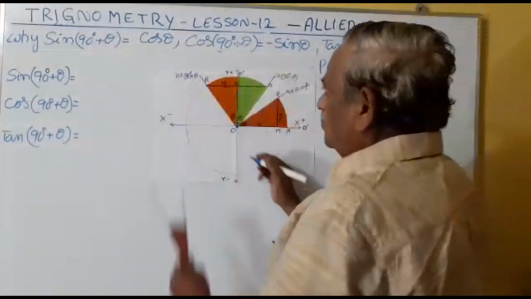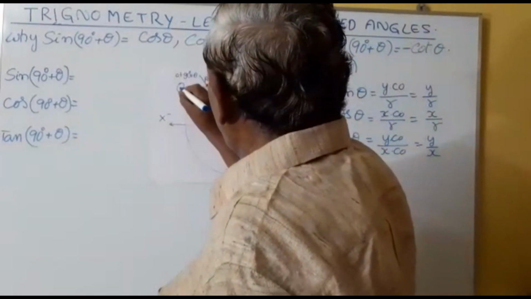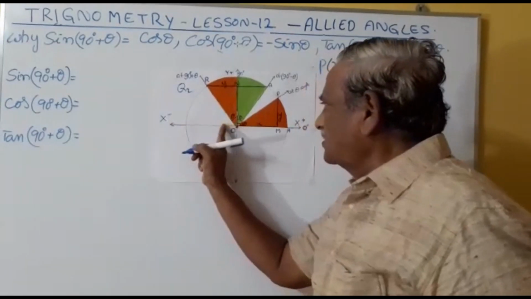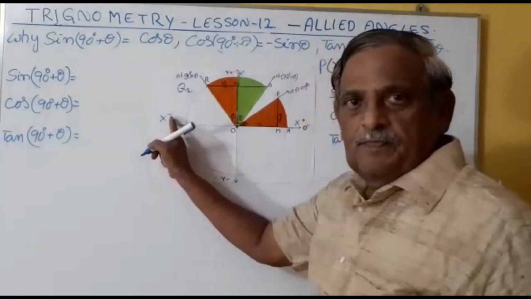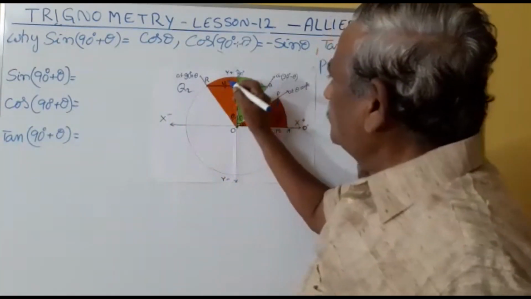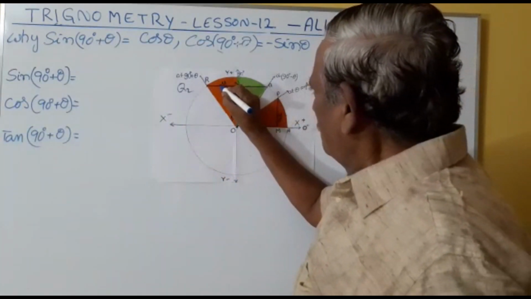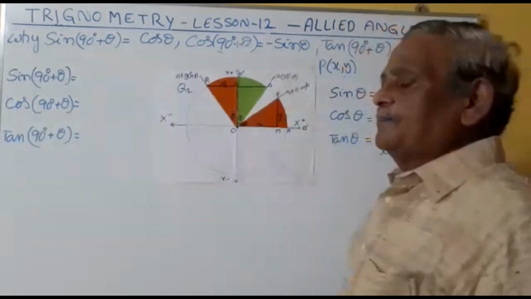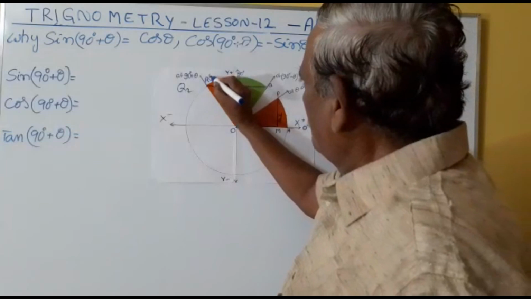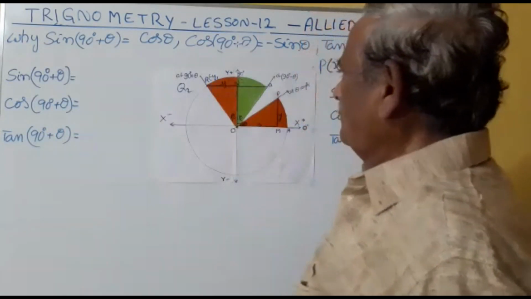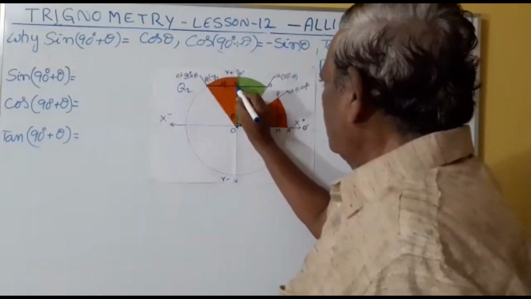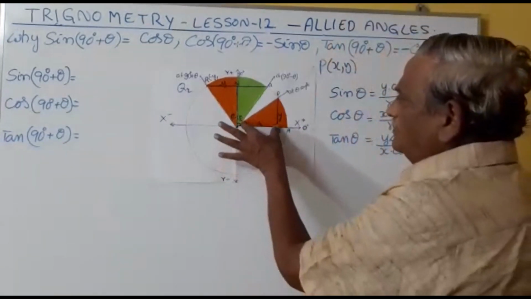But in Q2, quadrant 2, the x coordinate is negative. This is the negative axis direction. Therefore, the x coordinate is negative, so we have to consider this y as minus y. Therefore, the coordinates of R are minus y comma, here OM becomes ON.